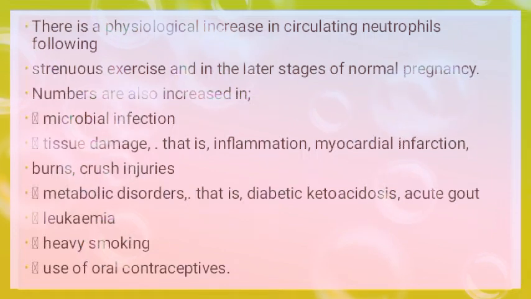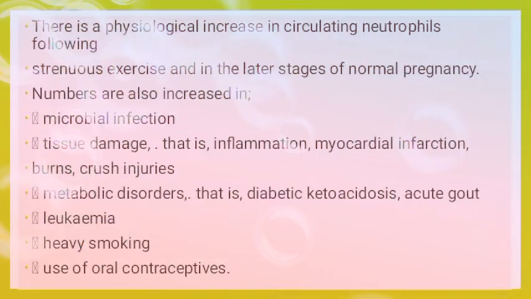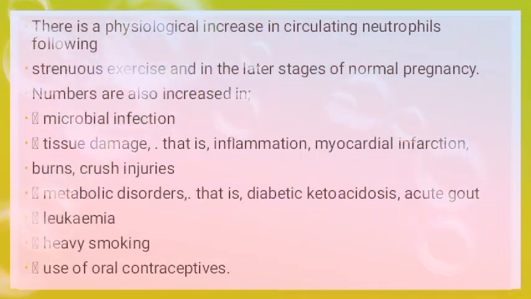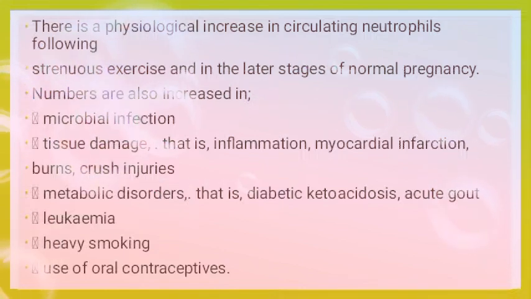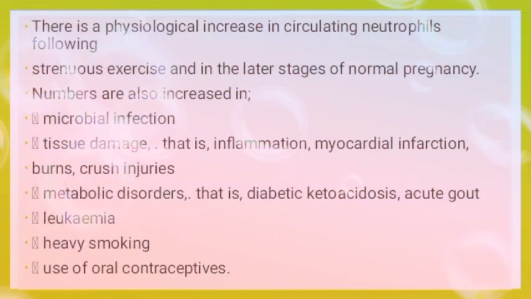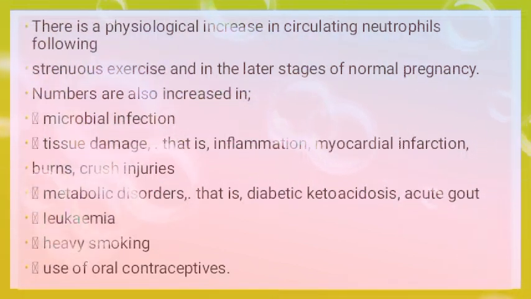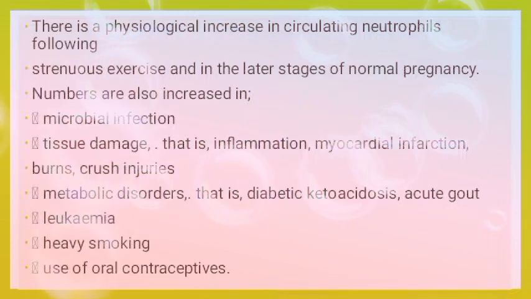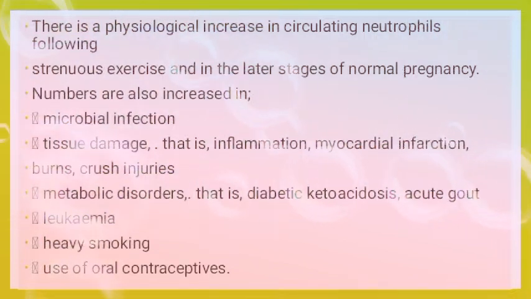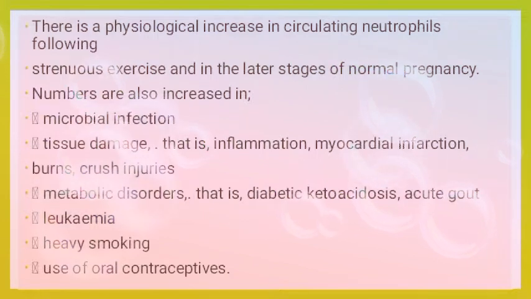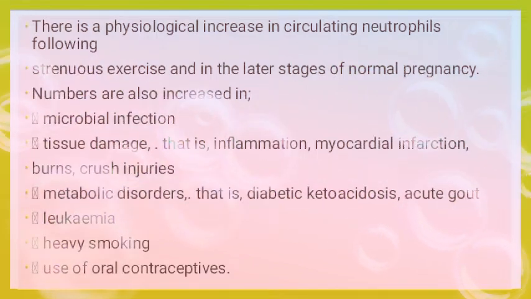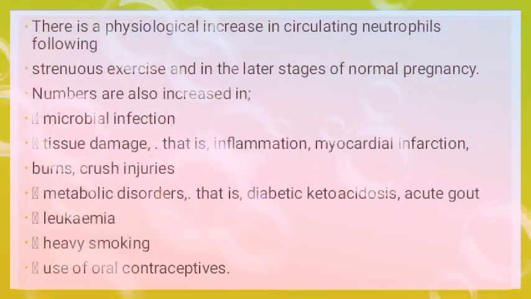Leukemia is a condition whereby there is a large number of immature white blood cells. When these immature white blood cells are released within the vascular system, the neutrophils are going to detect them as foreign invaders because they are not supposed to be found in the vascular system. Hence, they are going to increase in number.